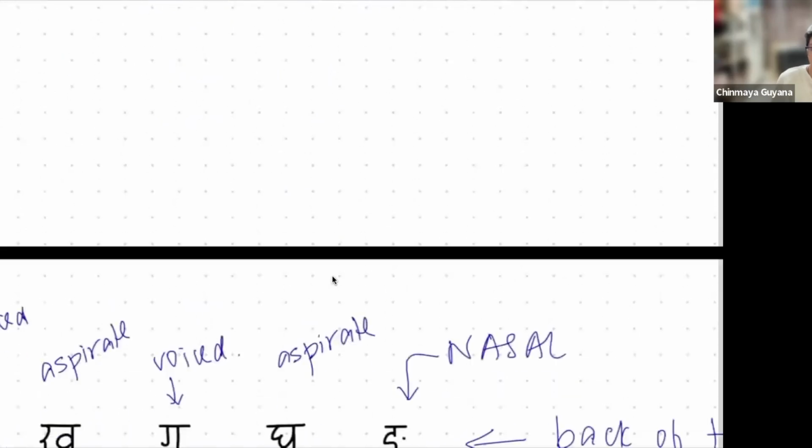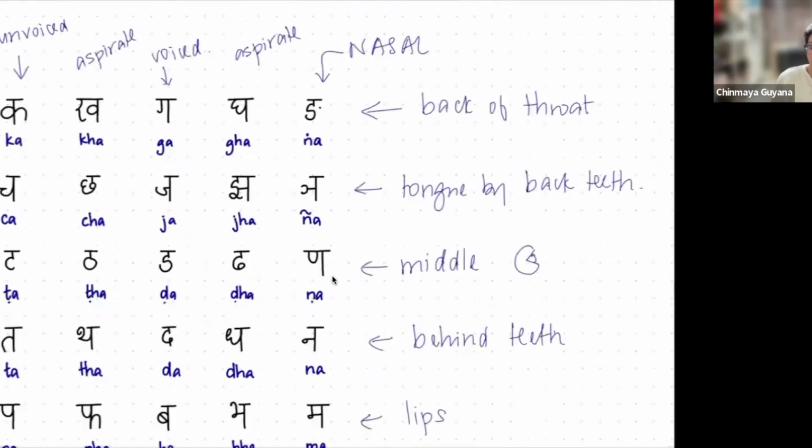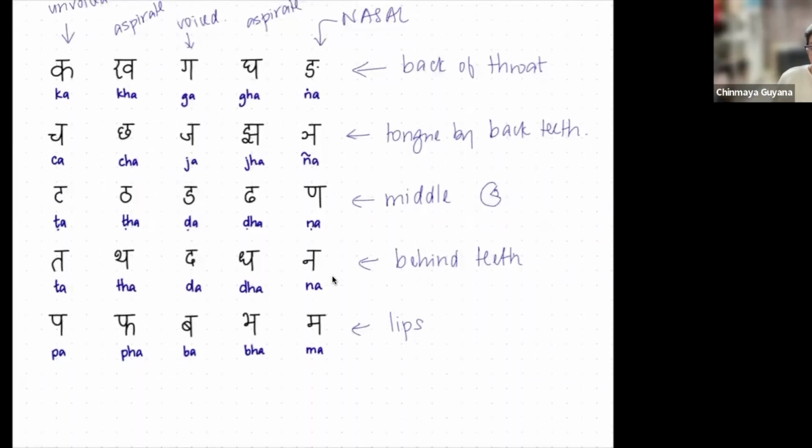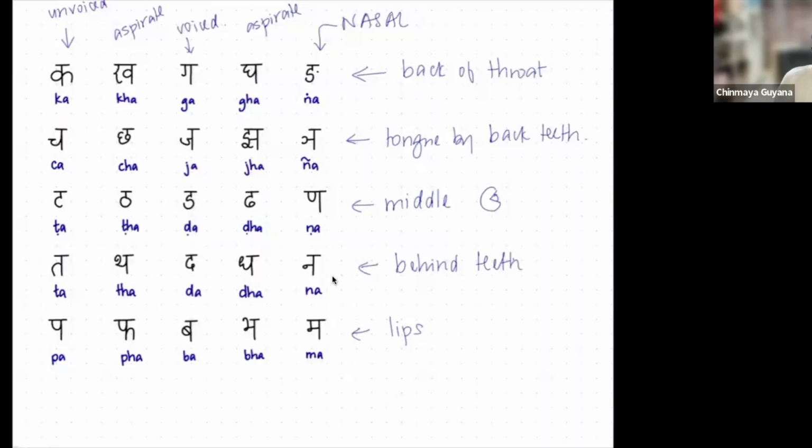Okay. Now, we also saw where the sounds come from in our mouth, from the back to the top. It's very scientific, very systematic. One thing I forgot to tell you all when I was doing this is this line here, the nasal line, right?